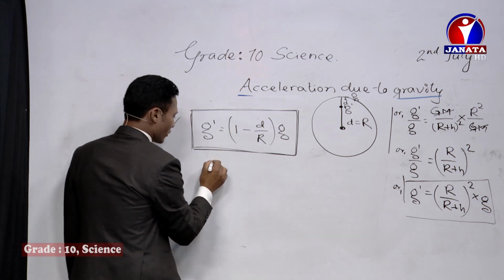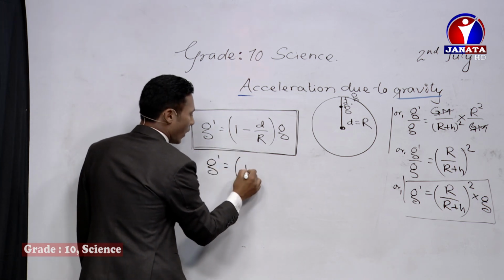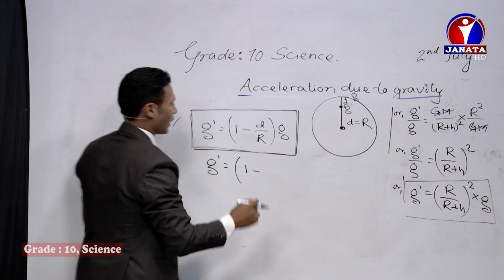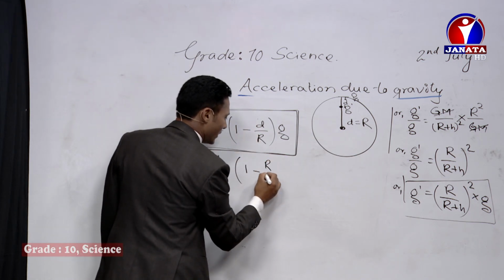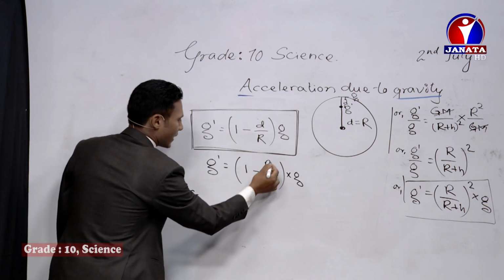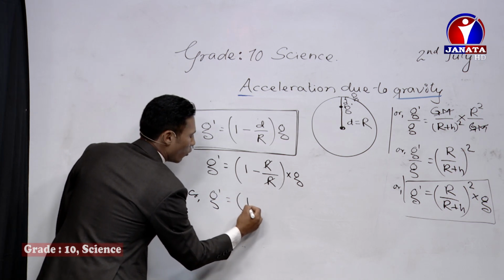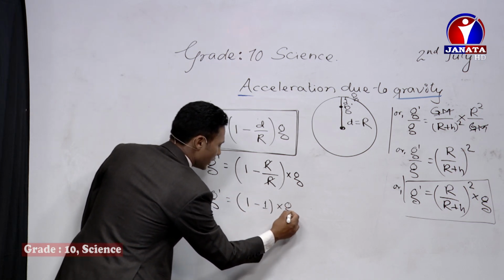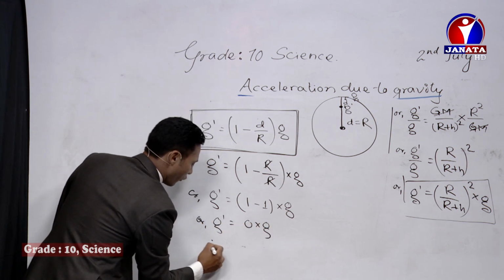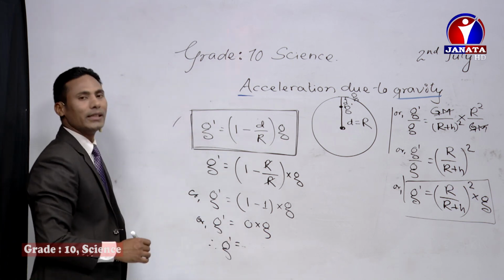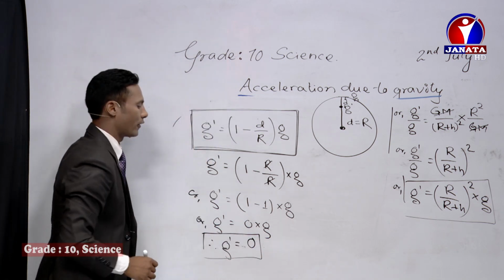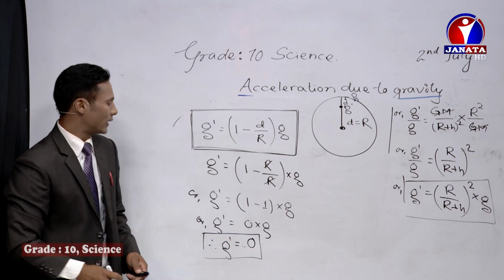So g dash equals 1 minus d by R into g. Here d and R are the same, so we can replace it by R by R into g. These cancel, so g dash equals (1 minus 1) into g, or g dash equals 0 into g. Therefore the value of acceleration due to gravity at the center of the earth is 0.